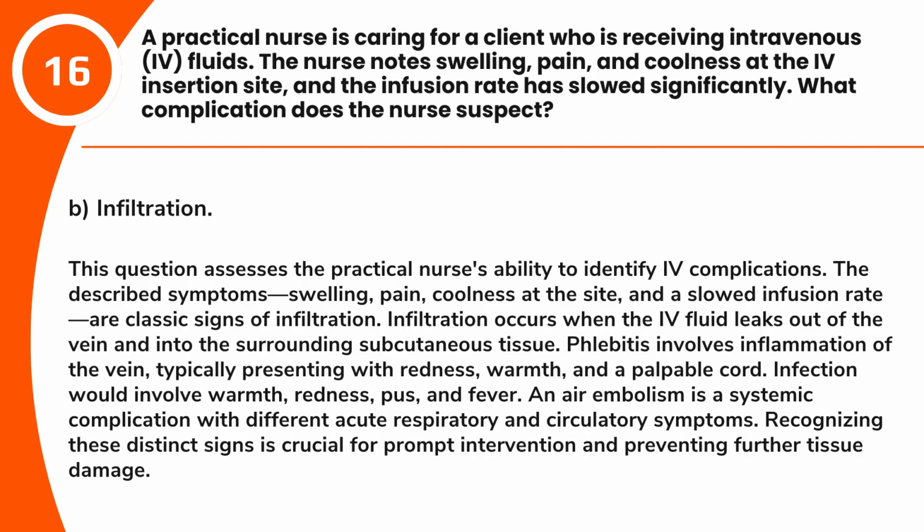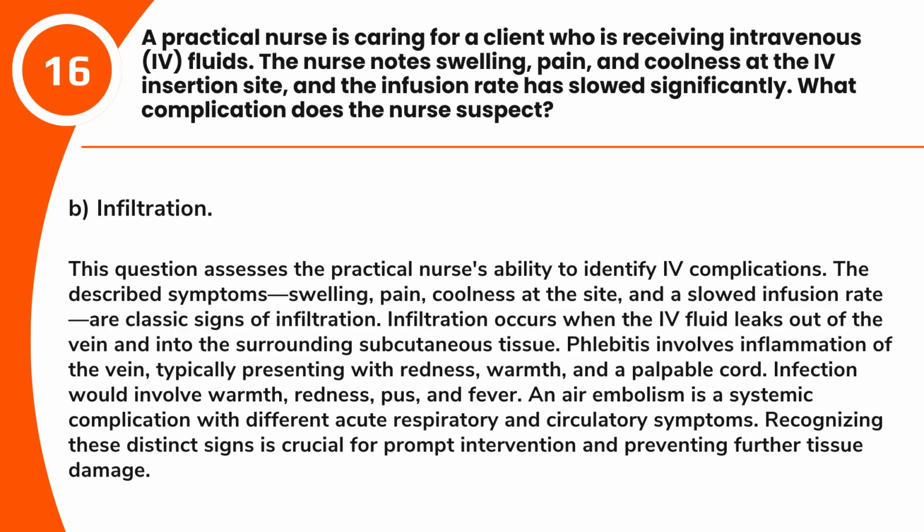Answer: B. Infiltration. This question assesses the practical nurse's ability to identify IV complications. The described symptoms, swelling, pain, coolness at the site, and a slowed infusion rate, are classic signs of infiltration. Infiltration occurs when the fluid leaks out of the vein and into the surrounding subcutaneous tissue.